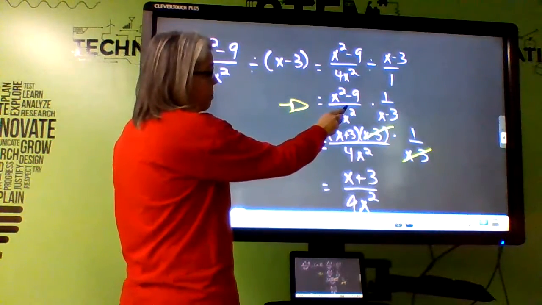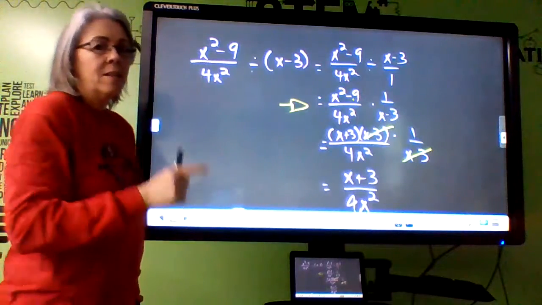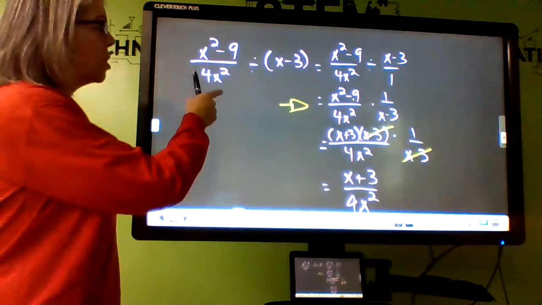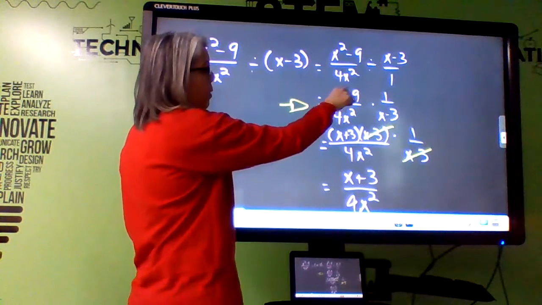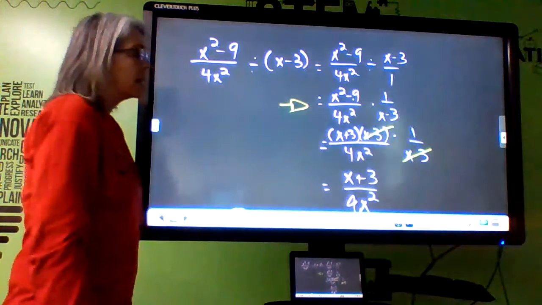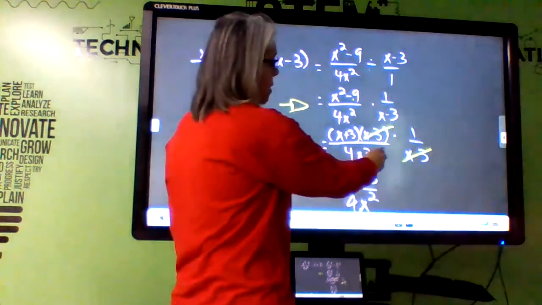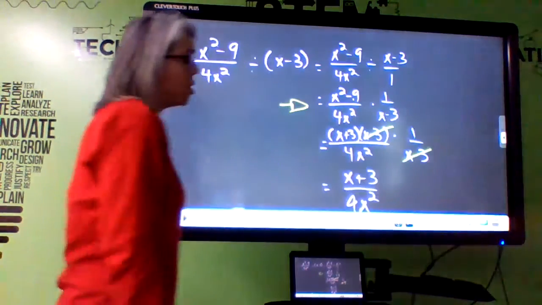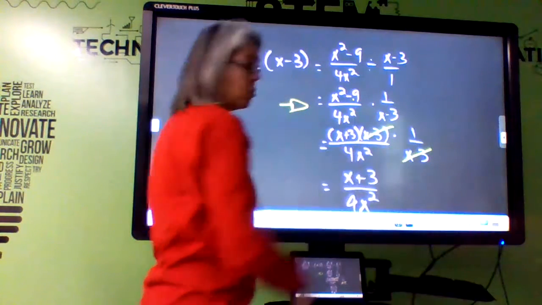So now it's in the multiplication that we need, and what do we see here? Difference between two squares. So we know quickly how we can factor that because our middle term is gone and we have a perfect square and a perfect square. So we have x plus 3, x minus 3 divided by 4x squared times the 1 over x minus 3. I cross-canceled, didn't have to.